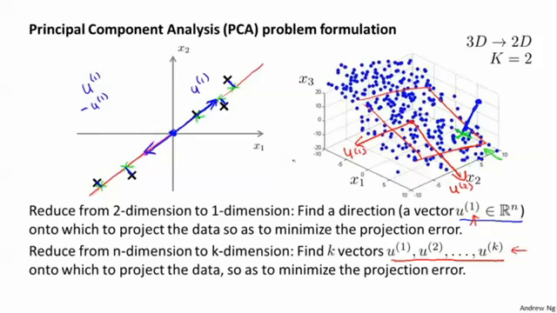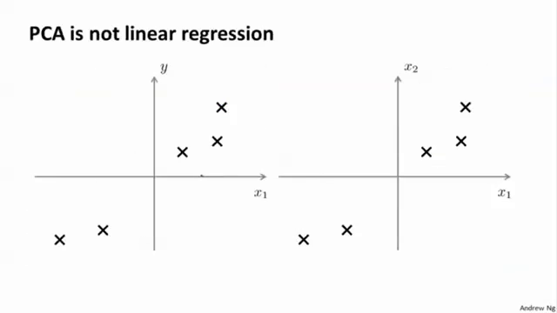Finally, one question I sometimes get asked is, how does PCA relate to linear regression? When explaining PCA, I sometimes end up drawing diagrams like these, and that looks a little bit like linear regression. It turns out PCA is not linear regression, and despite some cosmetic similarity, these are totally different algorithms. With linear regression, on the left, we would be trying to predict the value of some variable y given some input features x.